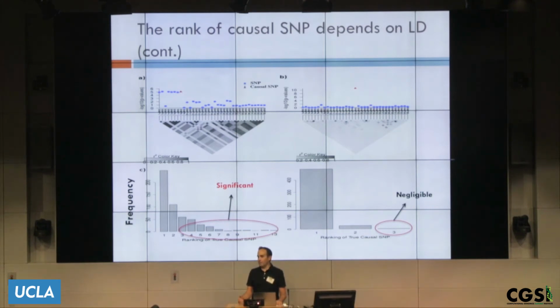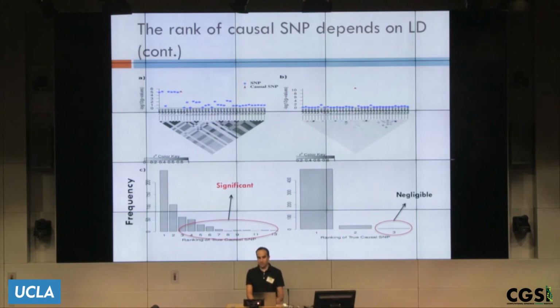The problem is that just because you pick the top one... my point with this slide is that the ranking of the SNPs doesn't really tell you that much about which one is causal, right? There's not that much information there. Okay, so this isn't going to work.